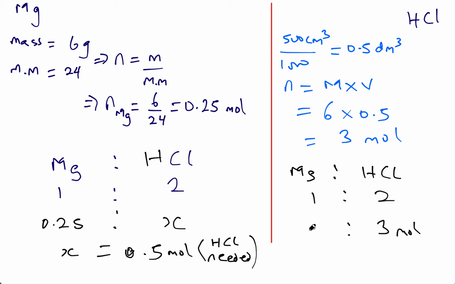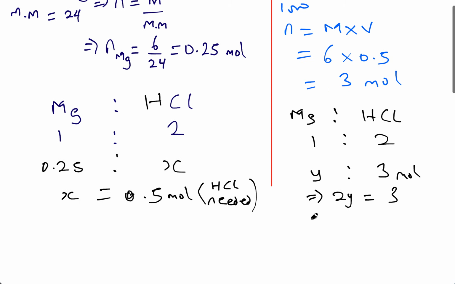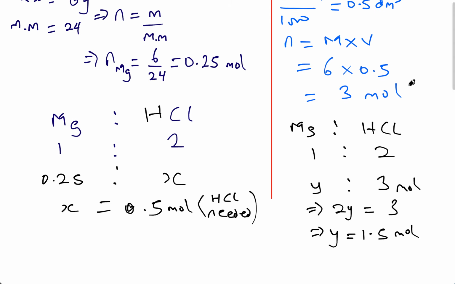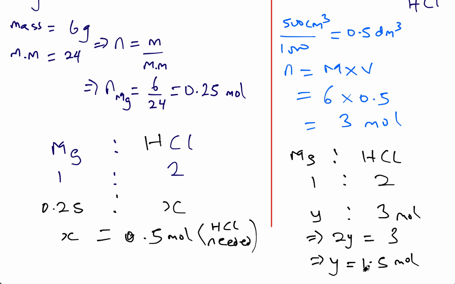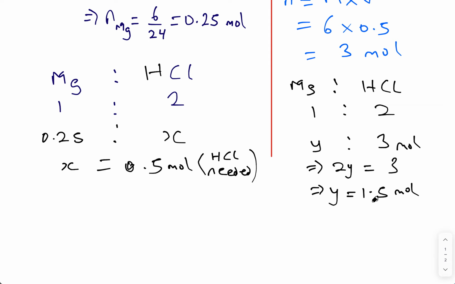So therefore, let Y be here so that we will not be confused. If you solve for Y here, this implies that 2Y equals 3, and that implies that Y equals 1.5 mole. That implies that for the HCl that was given, we need 1.5 mole of magnesium.